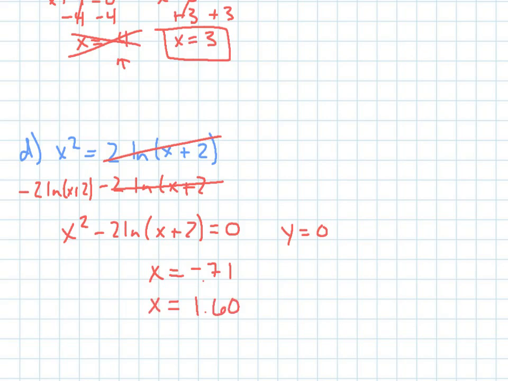Okay, let's go back and check and look at our equation compared to our answers. So negative 0.71, if I plugged it into the x in the ln, that would give me a positive solution, because negative 0.71 is less than 2, so that'd be like 1.29. Okay, so that's an okay answer, so that one passes the bill, and 1.6 is already positive, so that also works. So both of these are solutions.